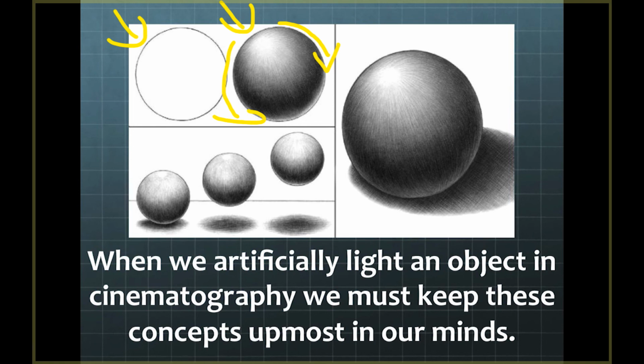Where is my light source? How is the shadow going to affect my image? And it really is the difference between making something look vibrant and almost alive on screen versus something very blah and flat and just not very realistic. It's all in the lighting and how you pull that lighting off.